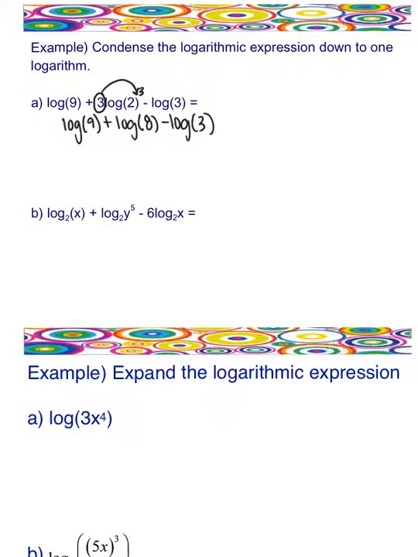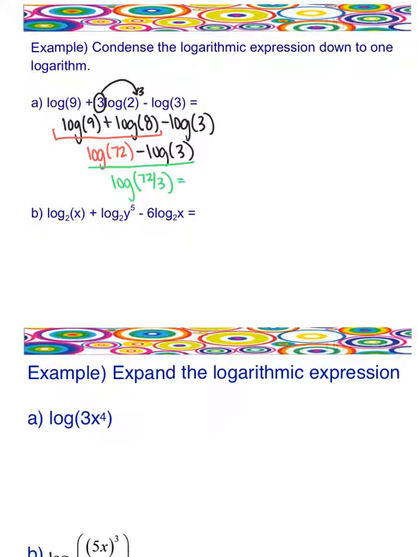Next, I'm just going to go left to right. So I'm going to condense log of 9 plus log of 8. Using the product property, I'll multiply the 9 and the 8 to get 72. And now my last step, I will condense these using the quotient property, giving me log of 72 divided by 3.